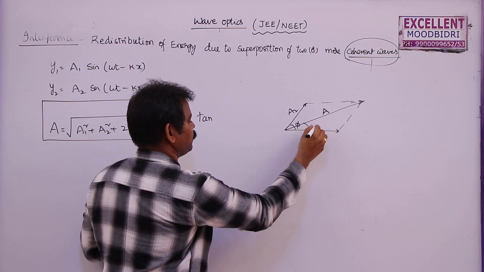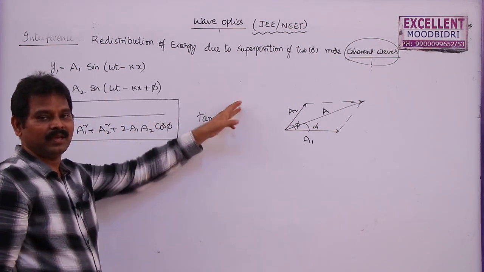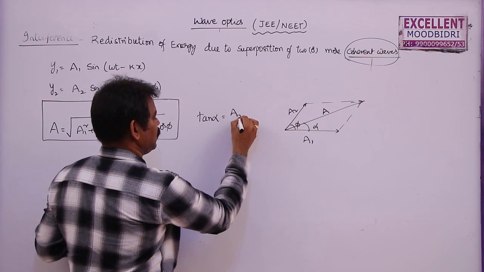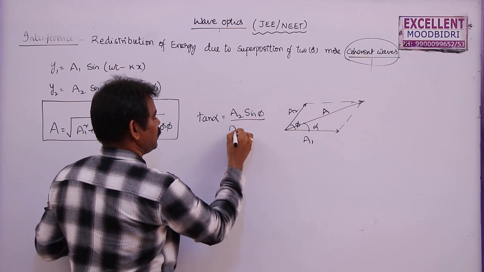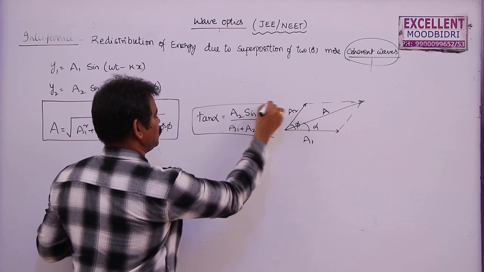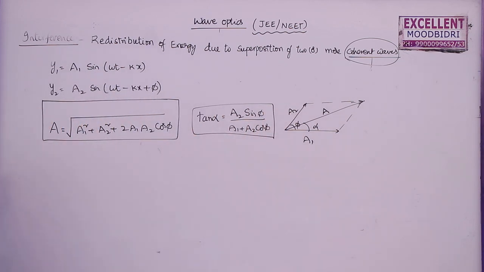Let me take this as alpha. Tan alpha is equal to q sin theta by p plus q cos theta. Here, the second vector is a2, so a2 sin phi by a1 plus a2 cos phi. So this is how you can find alpha as well as the amplitude of this wave.